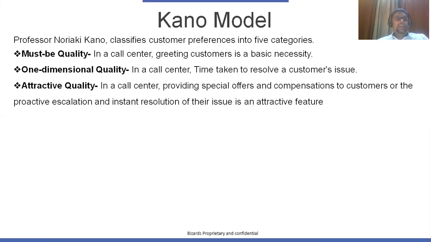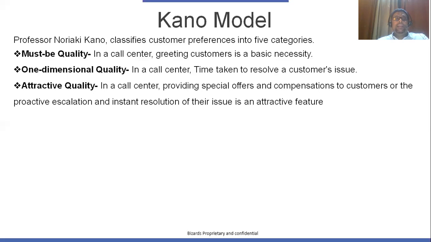And the third category is attractive quality. These attributes provide satisfaction when achieved fully, but do not cause dissatisfaction when not fulfilled. These are attributes that are not normally expected. In a call center, providing special offers and compensations to customers or proactive escalation and instant resolution of their issue is an attractive feature.